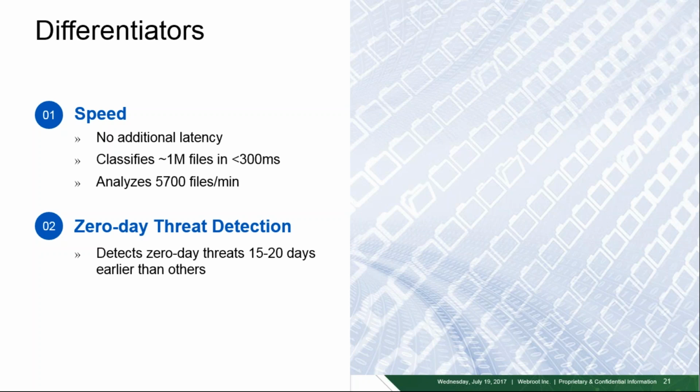And the other biggest thing, once we have the speed, is malware prevention. It's all about zero-day threats, right? And interestingly, what we are seeing is it's not just days anymore, it's about hours.